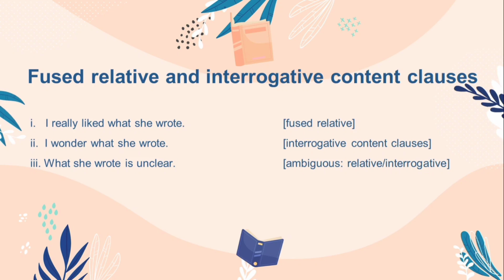But in the interrogative interpretation, what is unclear is the answer to the question, what did she write? The implication is that I'm not sure what it was that she wrote. So, the example includes both of them, relative or interrogative content clauses.